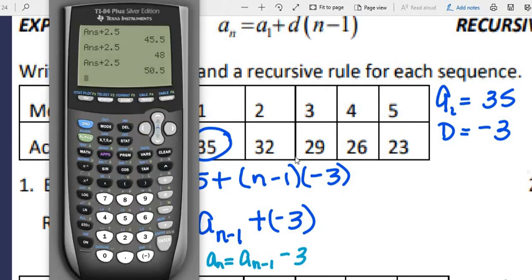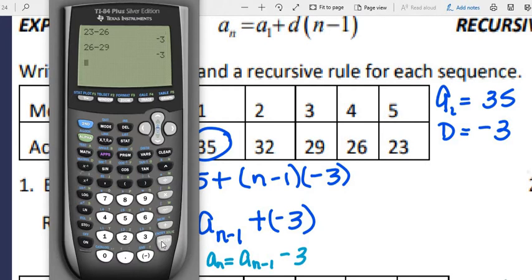So when I look at this right here, I look at my common difference, and I'm going to start at the back, 23 minus 26. And I come up with a negative 3. 26 minus 32. I'm sorry, it should be, let me clear that, 26 minus 29.